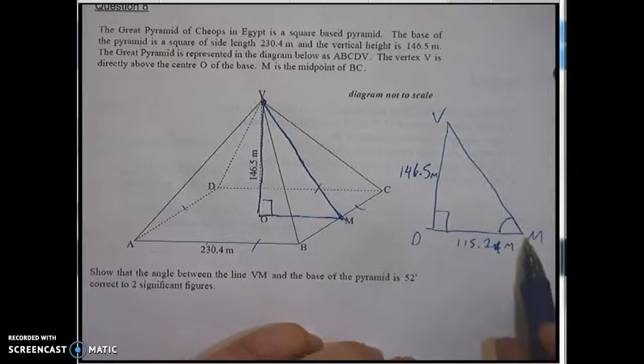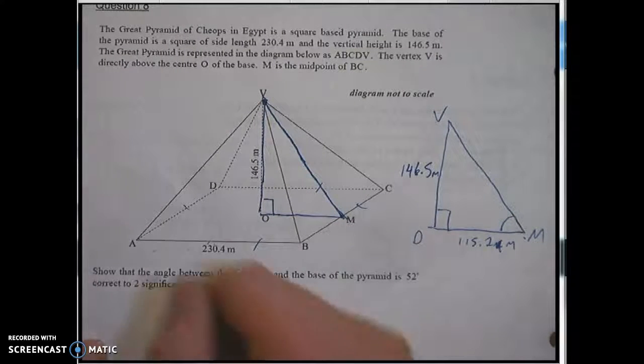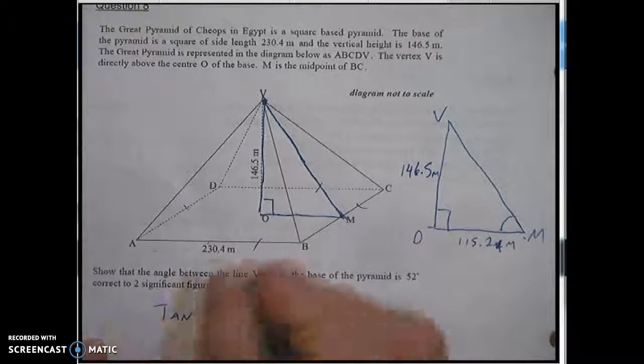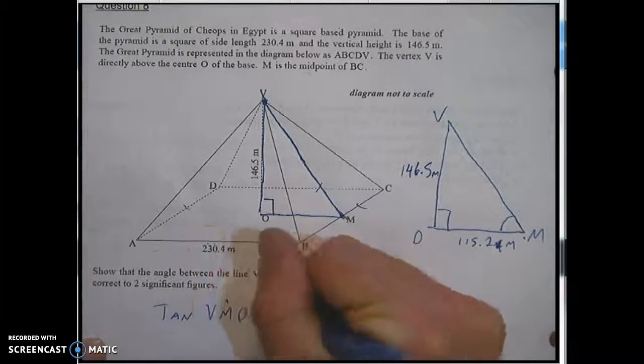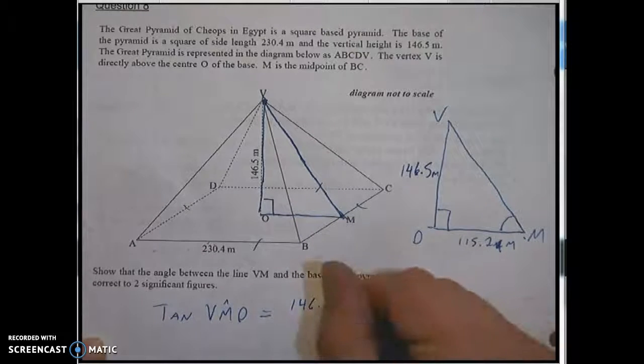Now from that angle, I'm trying to find the opposite and the adjacent. That's the tangent. So the tangent of angle VMO is 146.5 over 115.2.